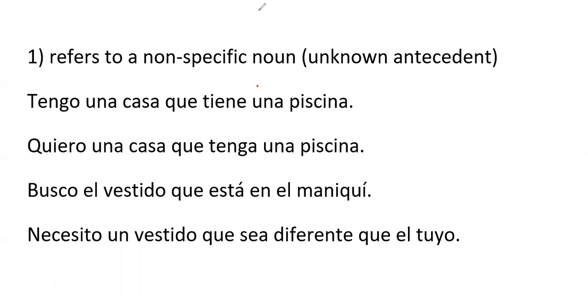Now, this part right here, the que tiene una piscina, that is the adjective clause. That is the part that is describing my house. Tengo una casa que tiene una piscina. I don't have a pool, really, but in the example we're just describing this house. What is this house like?